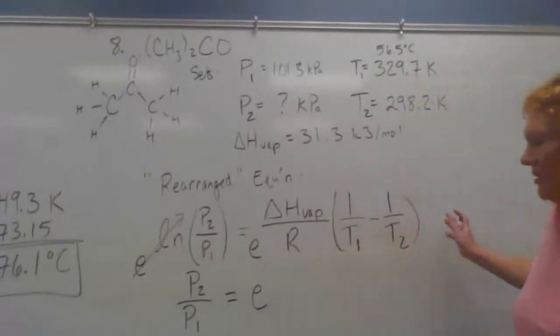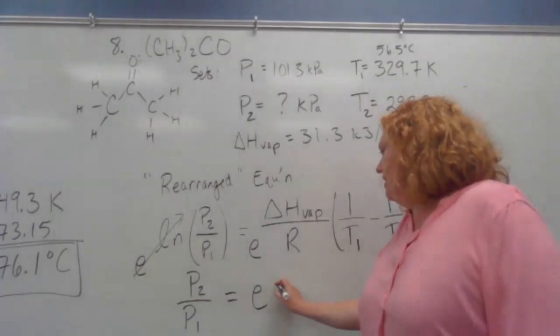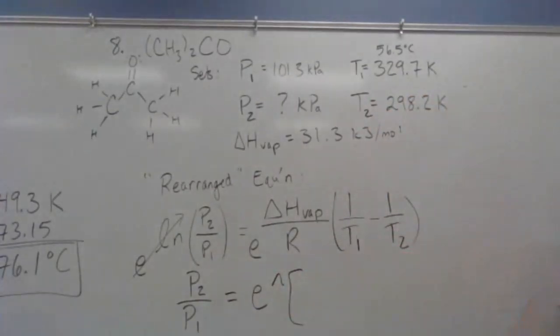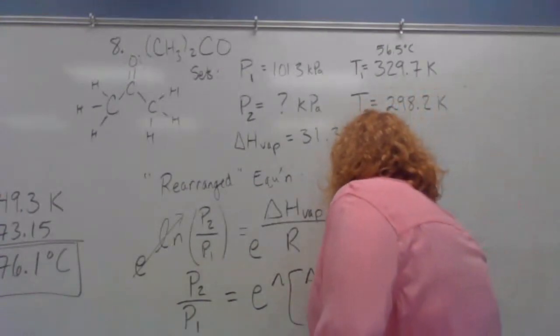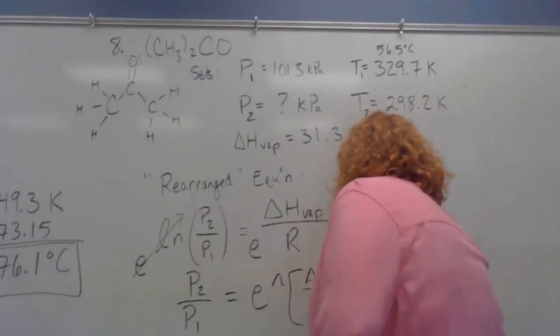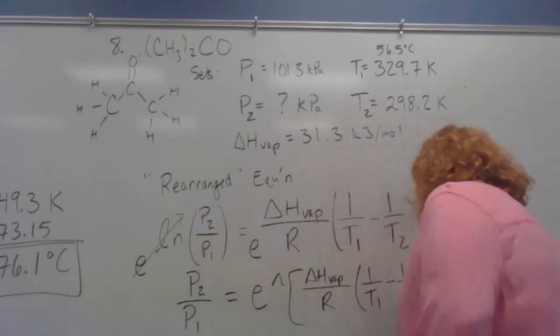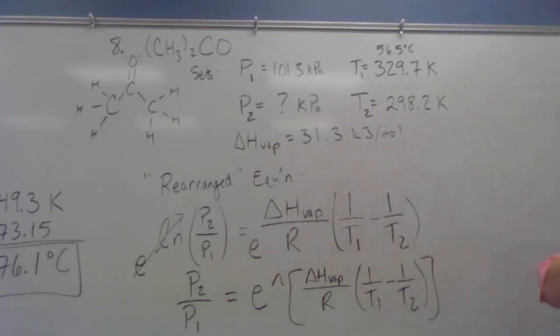If you don't want to try to write it all up here, something that is very common is just to do E, and then you can do a caret sign raised to, and then just write it all in a bracket there next to it. That's fine. All of that times P1.